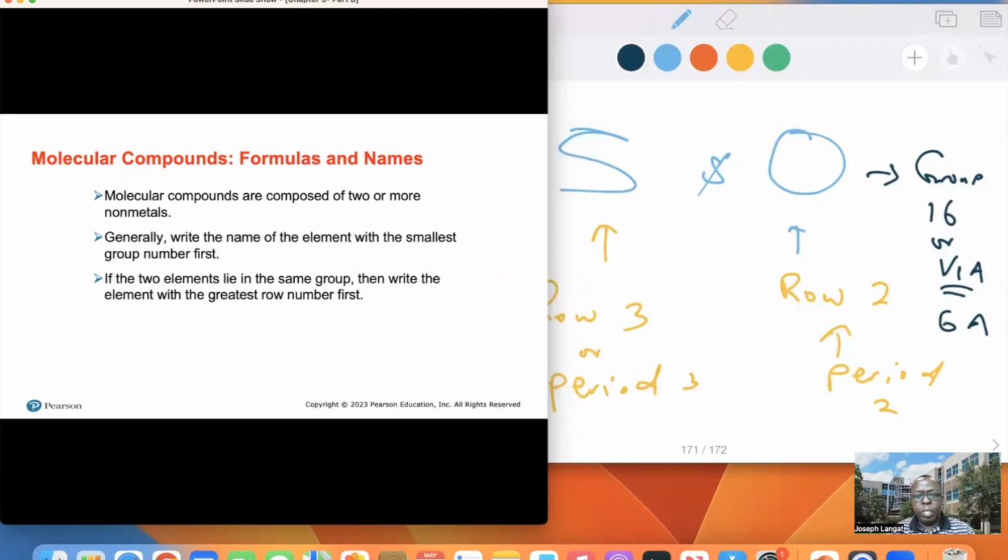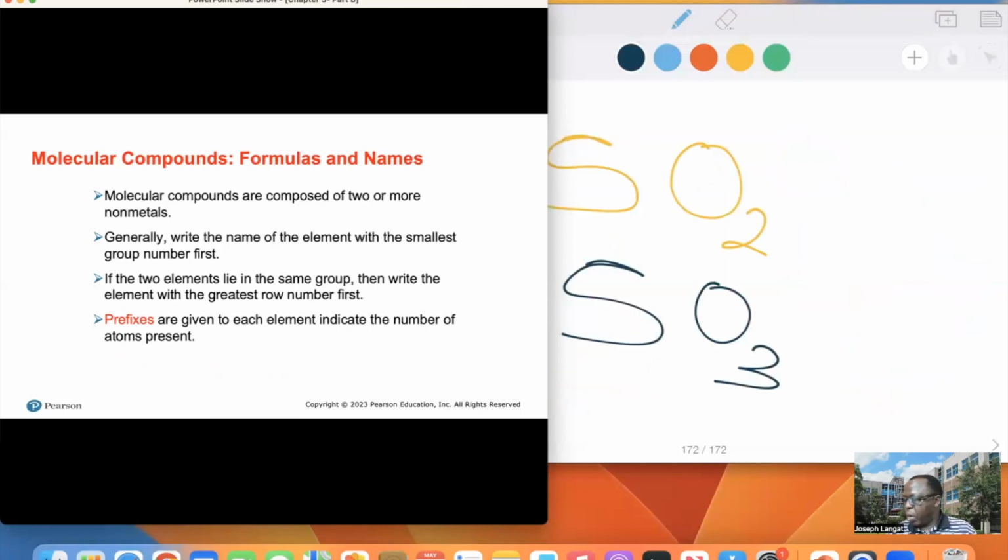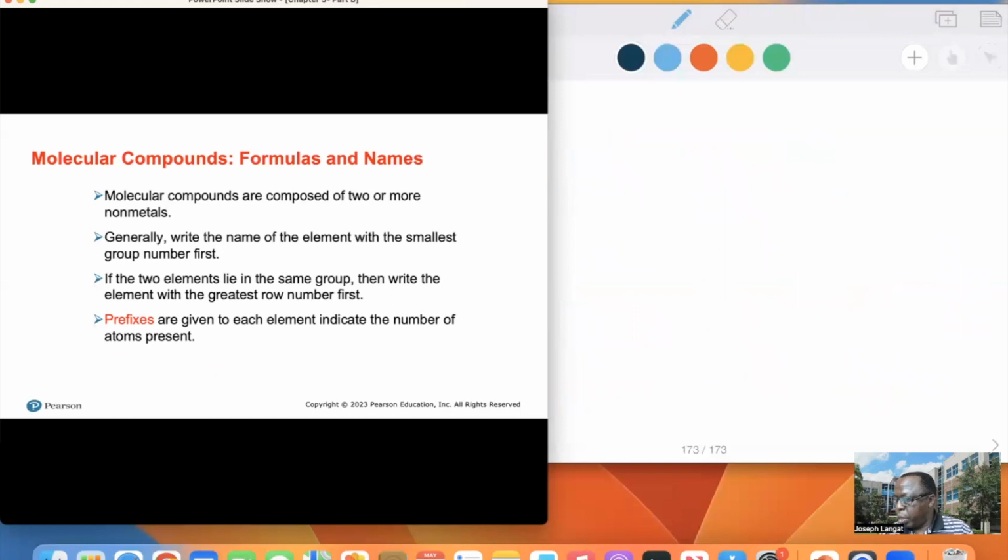The crossover rule is for ionic compounds, but this slide just summarizes how to write the correct formula for molecular compounds. Next, in naming them, you need to learn naming molecular compounds.